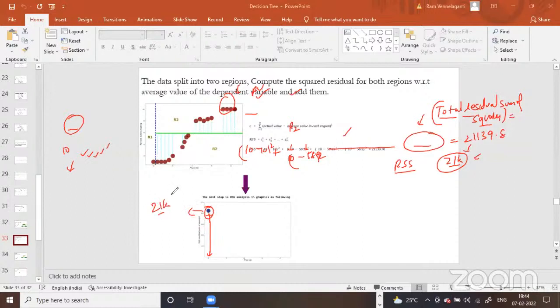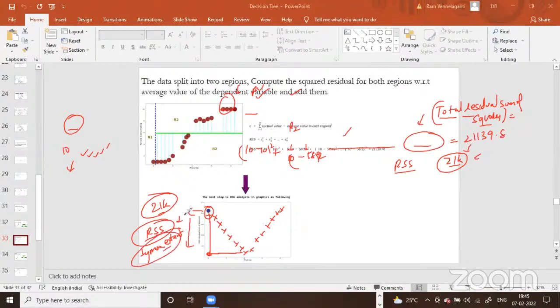It is 21,000. So now you have to repeat this process until you find that threshold value, or that cutoff value, which can minimize your residual sum of squares to the maximum extent.